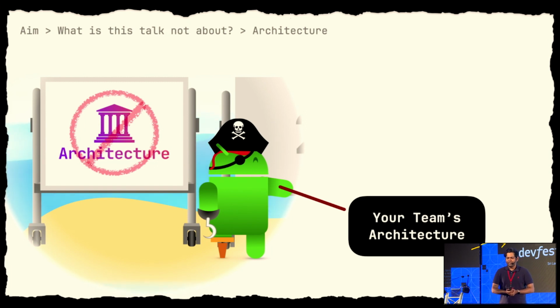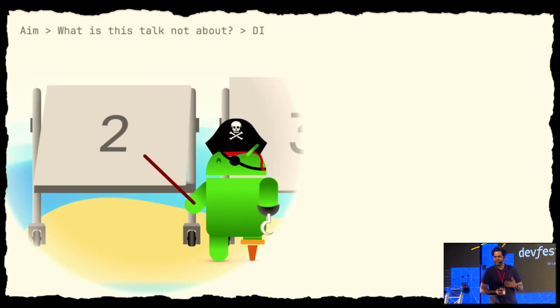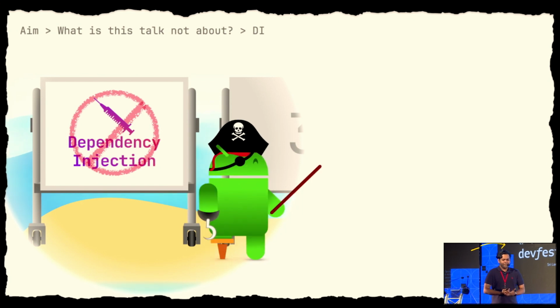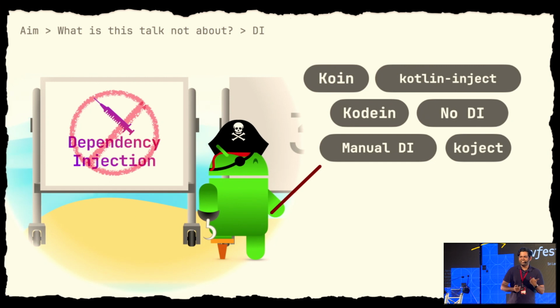It's not the responsibility of the navigation library to tell you to use a particular architecture. Number two, the same thing goes for DI, or dependency injection. It's up to the team to decide what tool they want to use for dependency injection. Once you do, just stick with it. It's not the responsibility of the navigation library to tell you to use a particular library for DI.